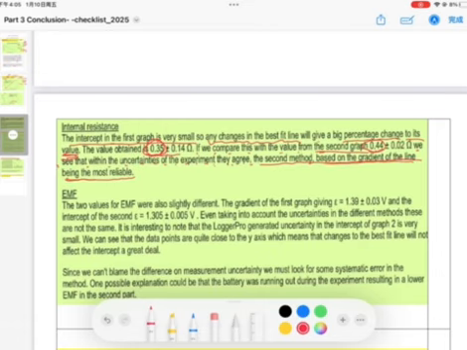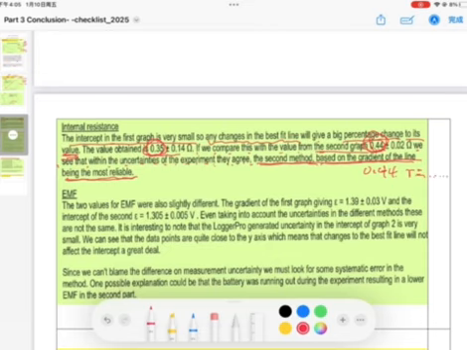You see over here, after some quantitative and qualitative mathematical analysis, he made a conclusion that the value obtained from the second graph, which is 0.44, is the more reliable value of R.